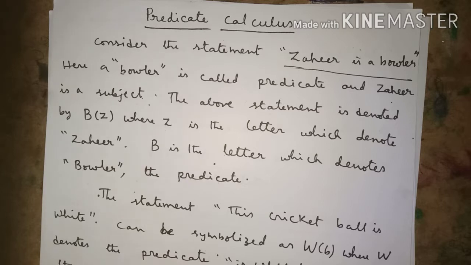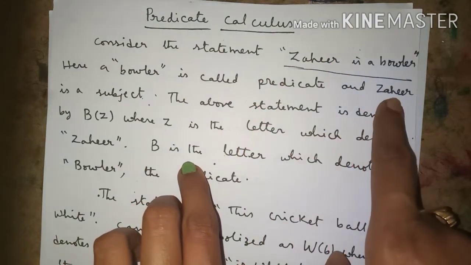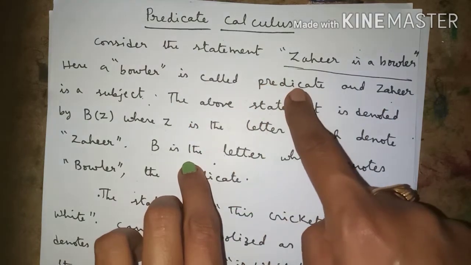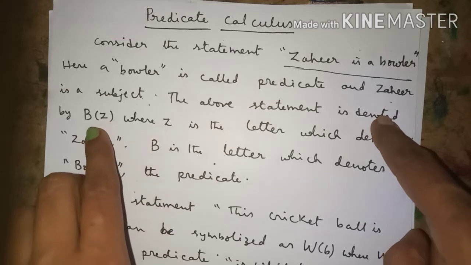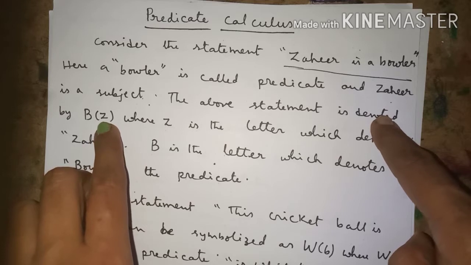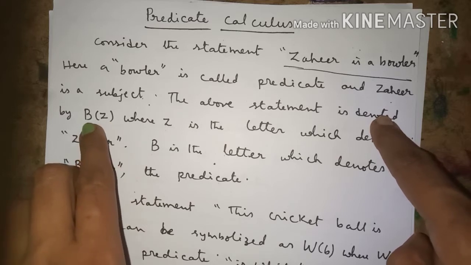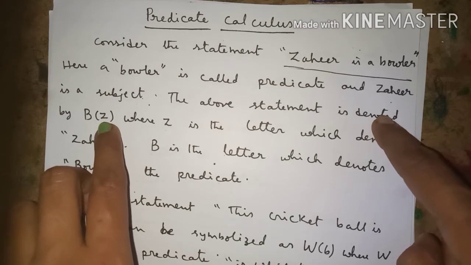Consider the statement: Zahir is a bowler. Here, bowler is called the predicate and Zahir is called the subject. Now, the above statement we can denote as B of Z. Whatever the predicate, we have to denote with a capital letter, and the subject we have to denote with a small letter.